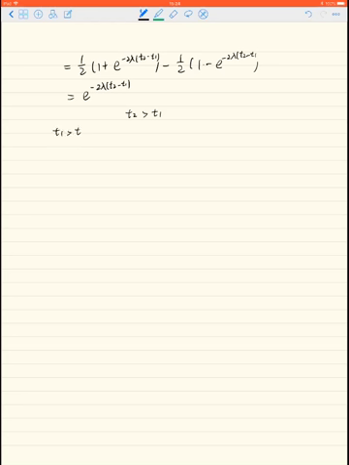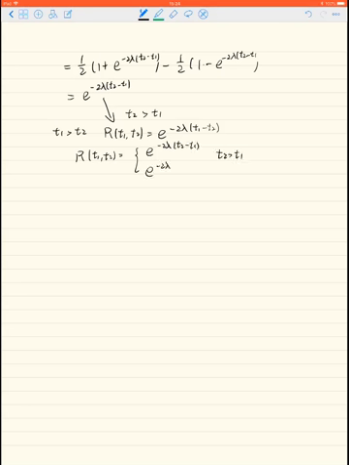And when T1 happens after T2, the answer should be simply transformed from this one to e to the power of minus 2 lambda (T1 minus T2). So R(T1, T2) equals e to the power of minus 2 lambda (T2 minus T1) when T2 is larger than T1, or equals e to the power of minus 2 lambda (T1 minus T2) when T2 is less than T1. And that should equal e to the power of minus 2 lambda times the absolute value of T1 minus T2.